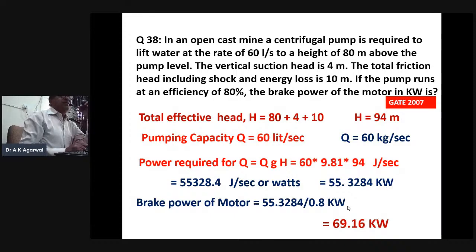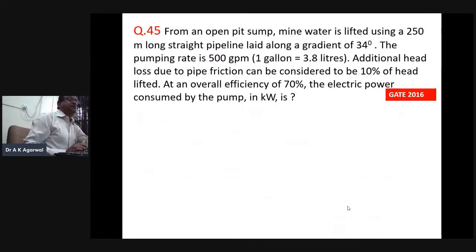Okay, now let us take another question. From an open pit sump, mine water is lifted using a 250-meter long straight pipeline laid along a gradient of 34 degrees. Now here the pipeline is not vertical, it is inclined at a gradient of 34 degrees.